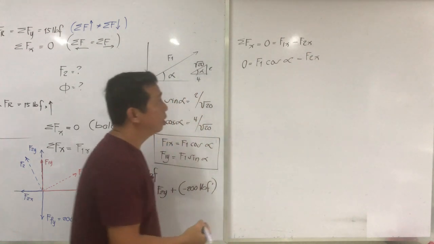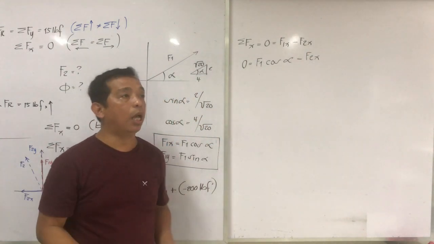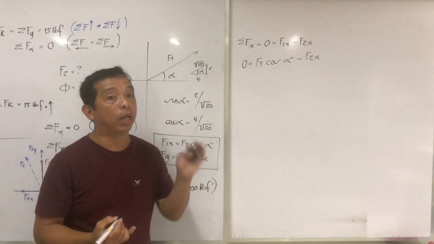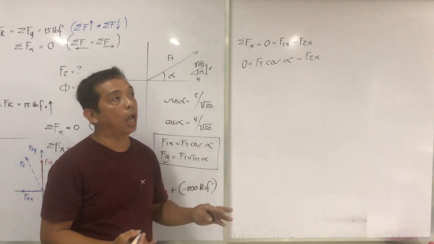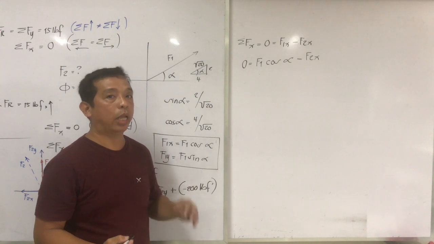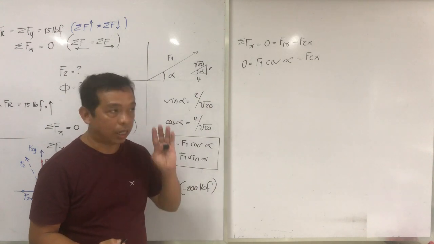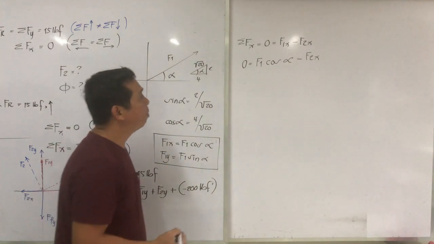F2x. Hayaan muna natin siya na nakarepresent as F2x. Huwag muna natin siyang i-expand sa F2 cosine phi. F2x lang muna.